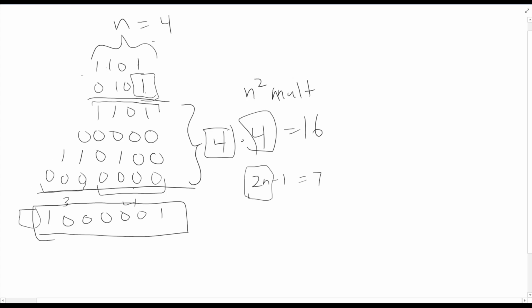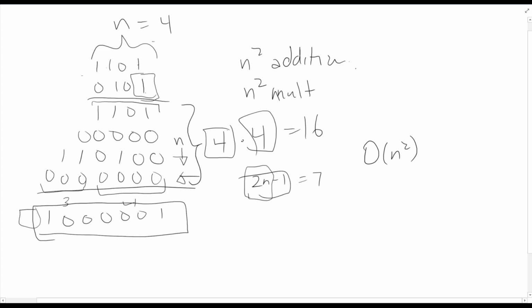Again, since this is n going down this way, and we said it was 2n minus 1 going that way, the number of bits in here is also order of n squared. So we're also going to do about n squared additions.